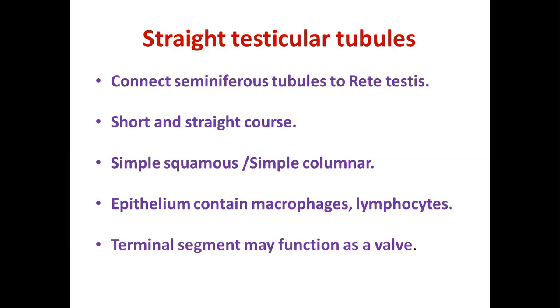Instead, the last straight portion of the seminiferous tubule, the straight tubule, is lined by a simple columnar or simple squamous epithelium, depending upon location. And these columnar or squamous cells are not involved in the process of spermatogenesis. Along with the epithelium, the cells lining straight ductules or tubules have macrophages and lymphocytes.